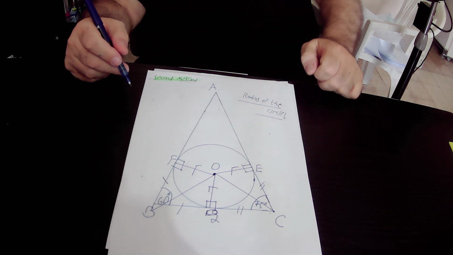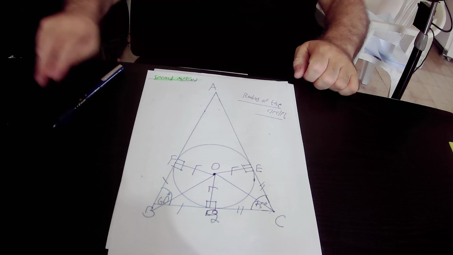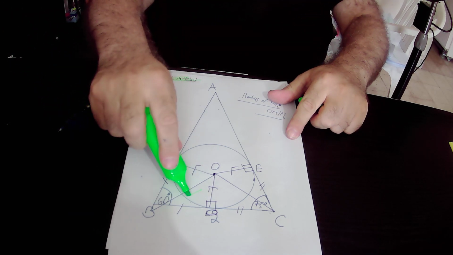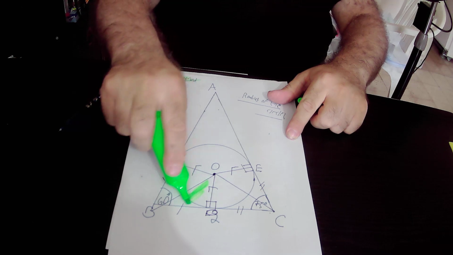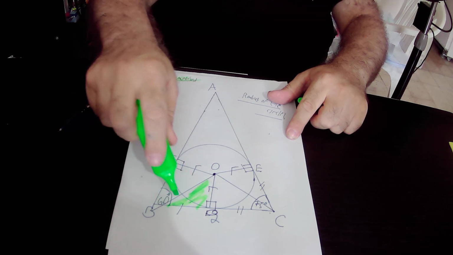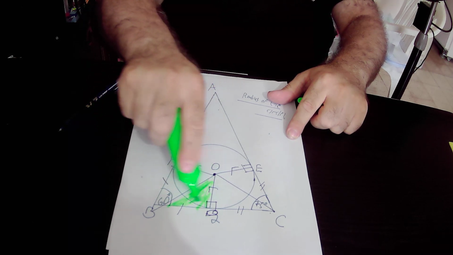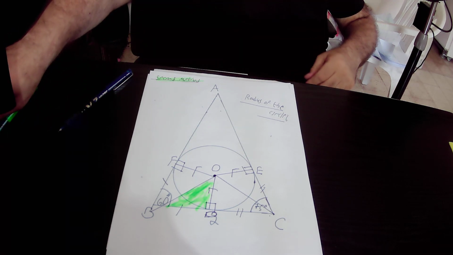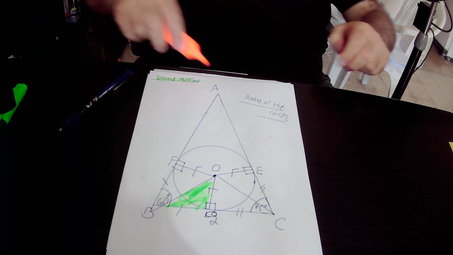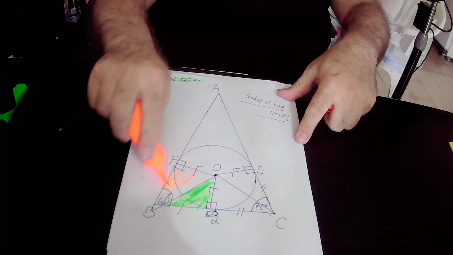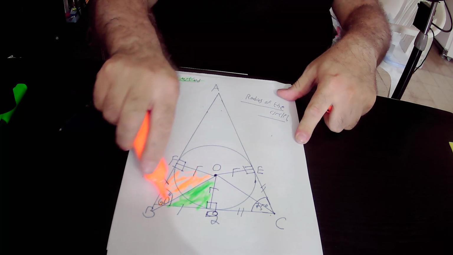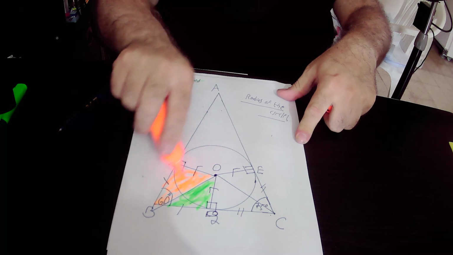Okay, so in the next step, we prove that the green right triangle ODB is congruent to the orange right triangle OBF. Why are those two triangles congruent to each other?